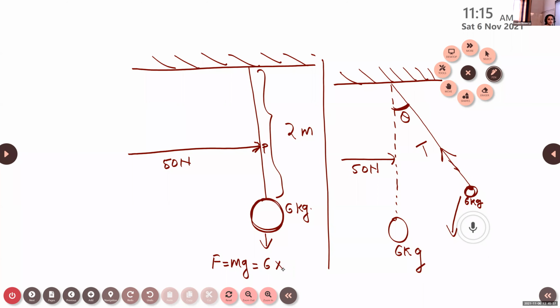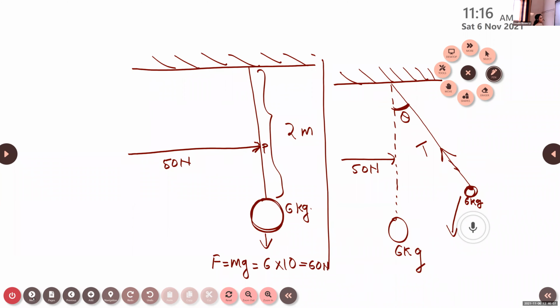And what about the acceleration due to gravity here? 10. Okay, so 6 into 10. So what is the action force which is acting downward? 6 into 10 is equal to 60 Newton. Okay, F is equal to mg, that is 6 into 10 is equal to 60 Newton.